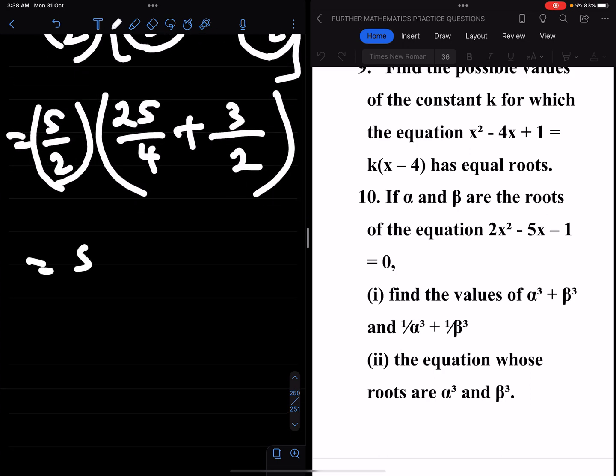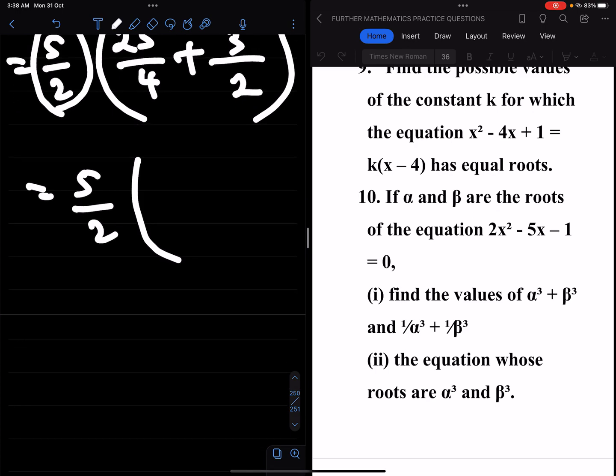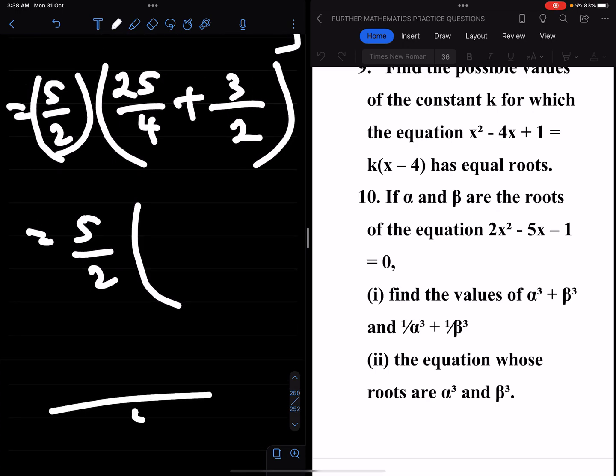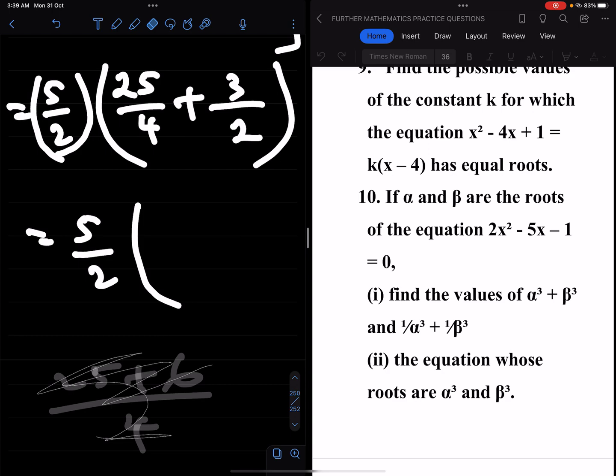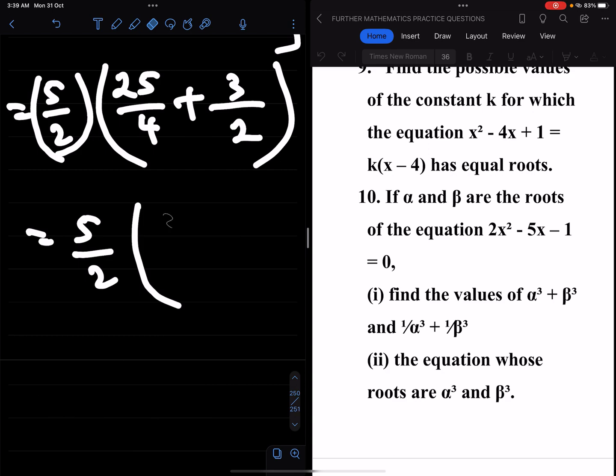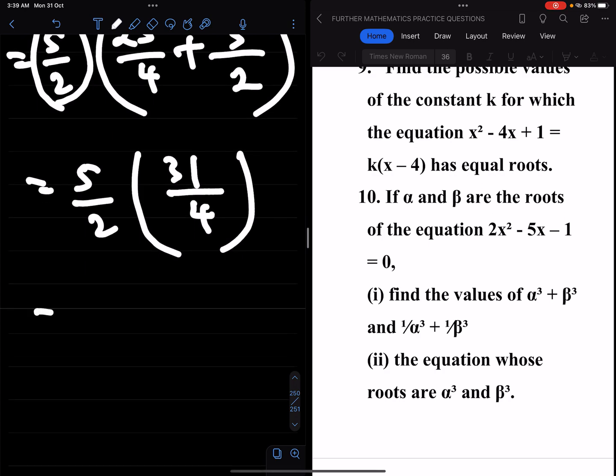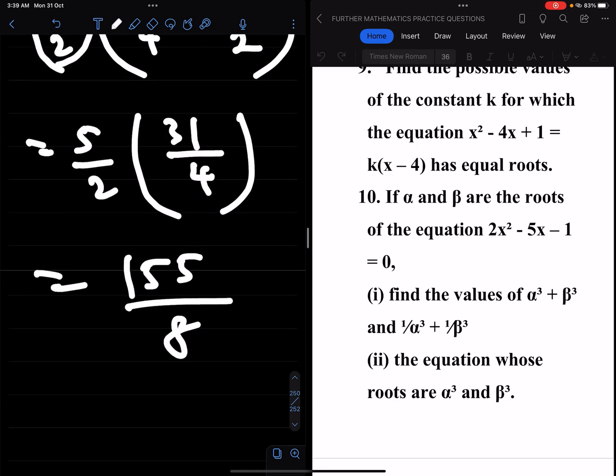What's 25 over 4 plus 3 over 2? The LCM is 4. That's 25 plus 6 over 4, which is 31 over 4. And that simply means 155 over 8. That's alpha cubed plus beta cubed.